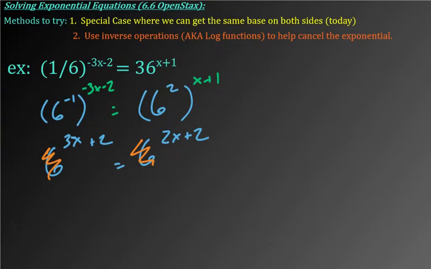The only way you're going to have 6 to something equals 6 to something else is if those things in the exponent are equal, right? So you really can just drop them and just say, okay, 3x plus 2 has to be 2x plus 2, and then you could just minus 2x, and you can cancel those 2's.